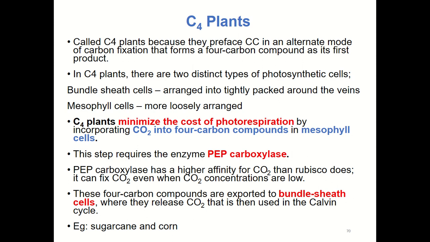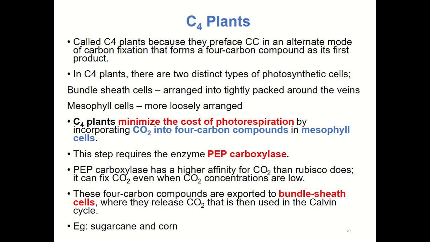C4 plants minimize the cost of photorespiration by incorporating the carbon dioxide into a 4-carbon compound in the mesophyll cell. This step requires the enzyme PEP carboxylase. PEP carboxylase has a higher affinity for carbon dioxide compared with Rubisco.